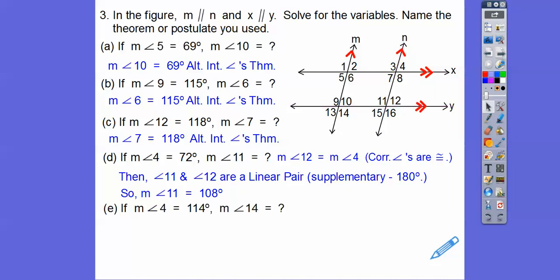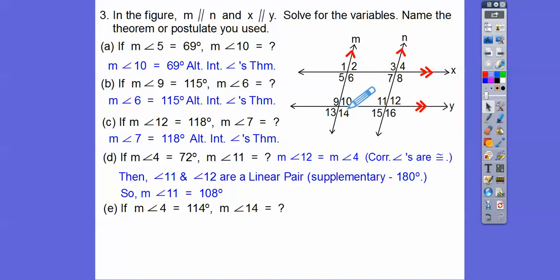Okay, all right, what about 4 and 14? Now we're jumping lines and all that stuff. There's no magic name for them, but what you can do is, the trick on these is they're either congruent or supplementary. So if you look at angle 4, this looks like an acute angle right here. And if we look at angle 14, this looks like an obtuse angle.